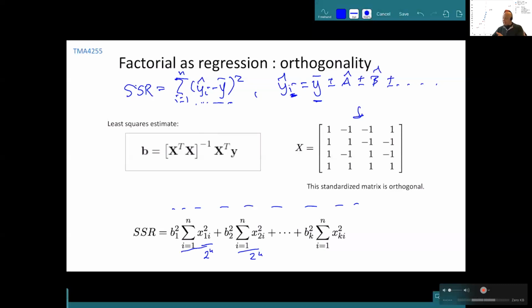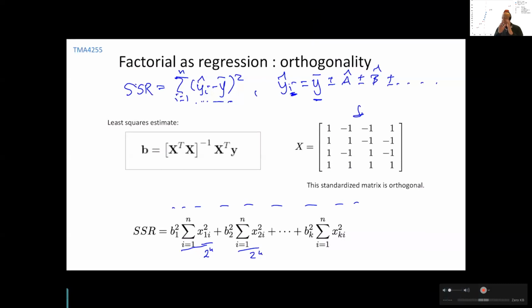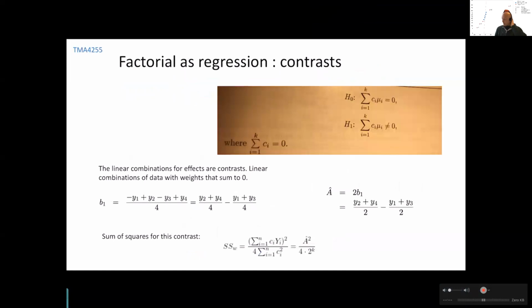So this means with a factor of 2 or 2 over n to 2 to the power k, etc., depending on the factorial view or the regression view, this is easy to split in different components because of the orthogonal components.